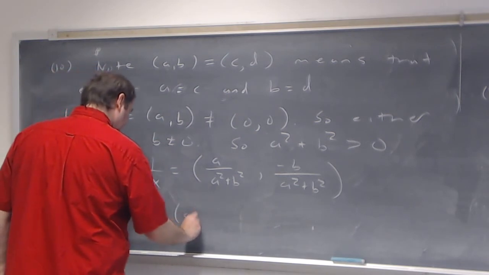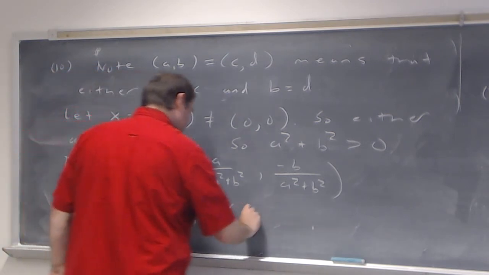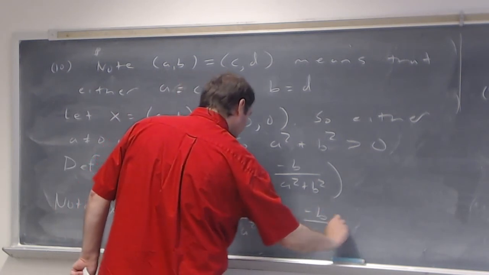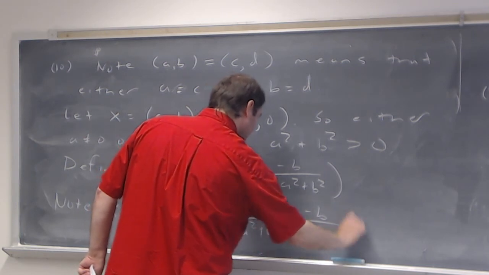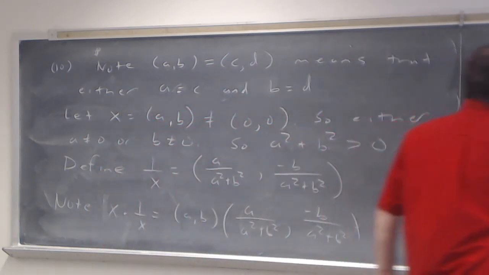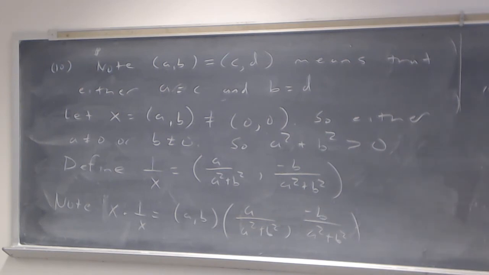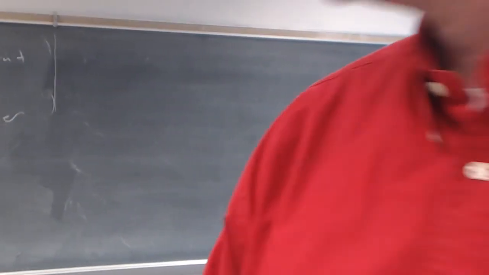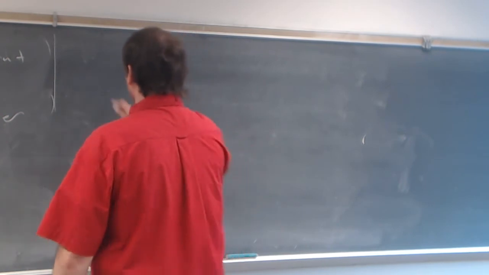So this is equal to A, B times A over A squared plus B squared, comma, minus B over A squared plus B squared. Okay, we do our multiplication between those two by the definition of what we're having for multiplication.